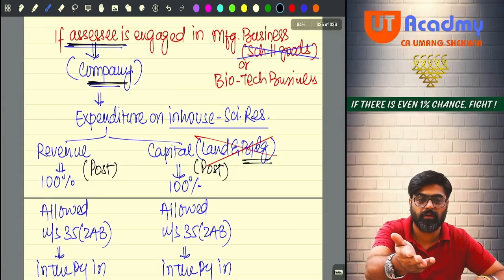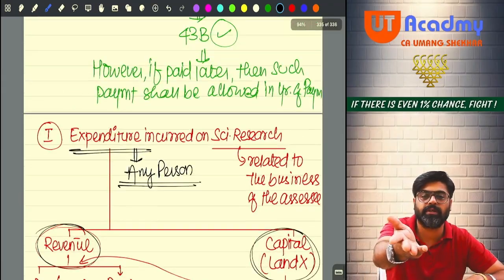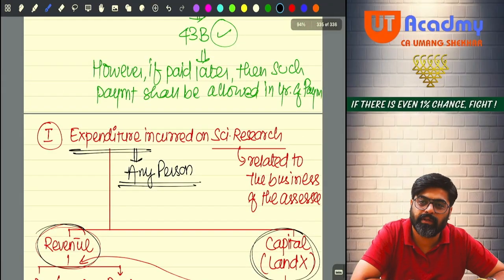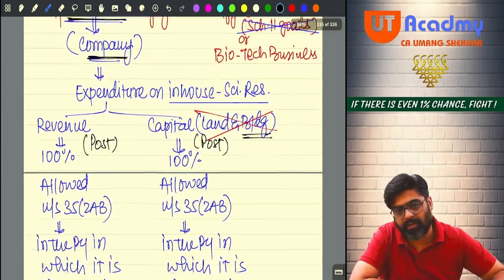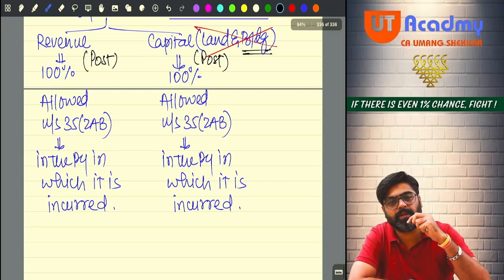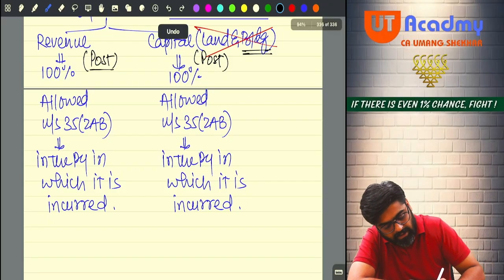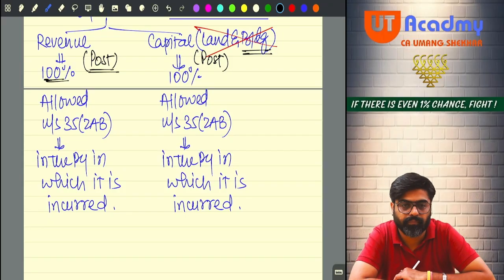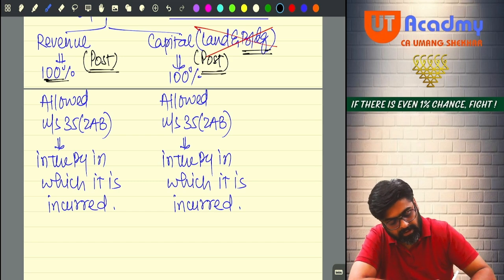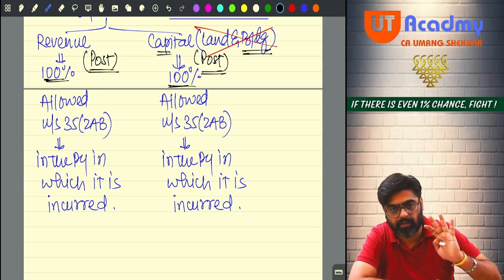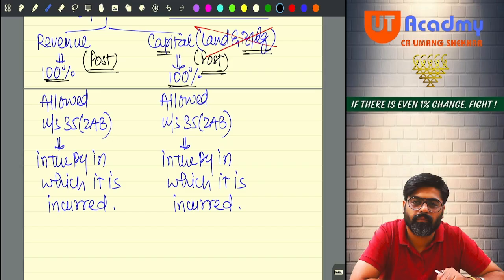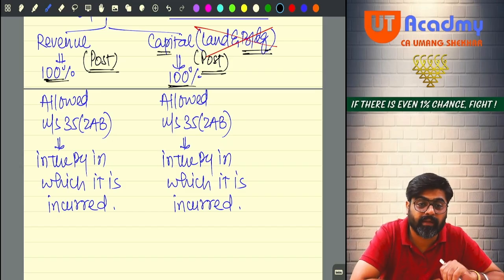Even this company can also claim this deduction. Getting my point? So what will happen now? This company will claim post commencement revenue expenditure here, post commencement capital expenditure here, other than cost of land and building.